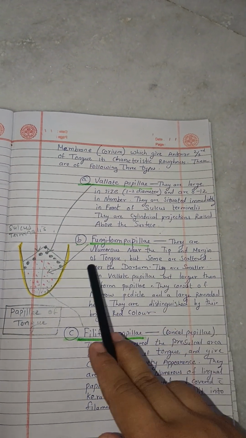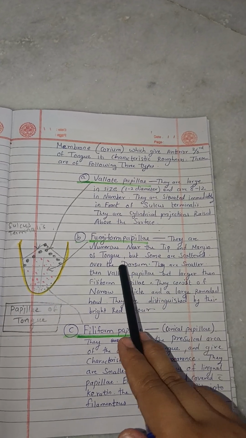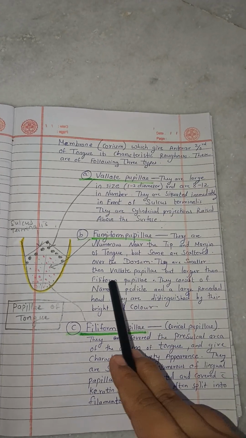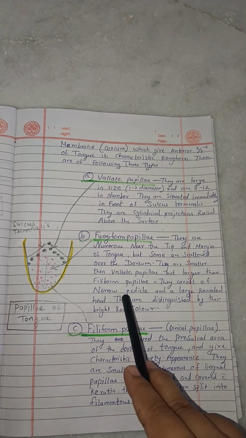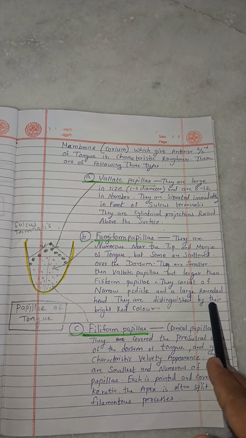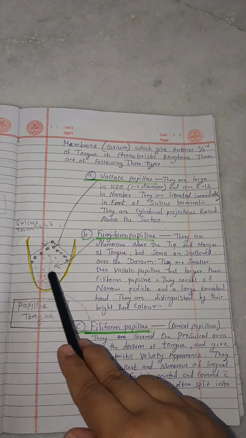Fungiform papillae. They are numerous near the tip and the margins of the tongue, but some are scattered over the dorsum. They are smaller than vallate papillae, but larger than filiform papillae. They consist of a narrow pedicle and a large rounded head. They are distinguished by their bright red color. Here you can see the bright red color. These are fungiform papillae.